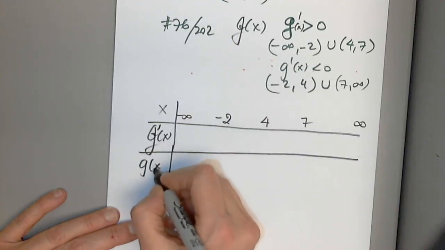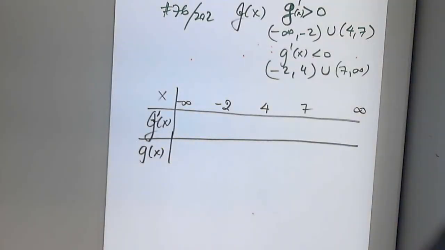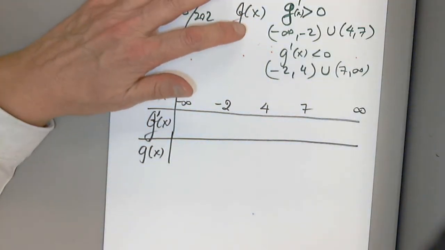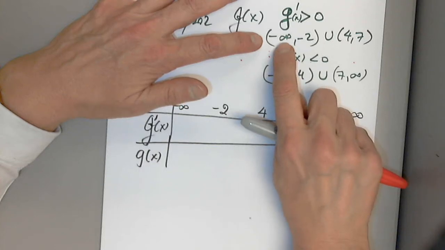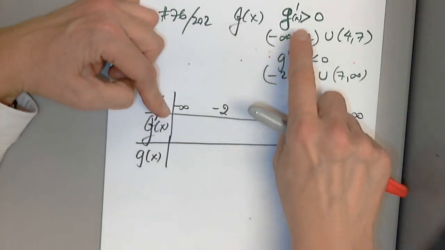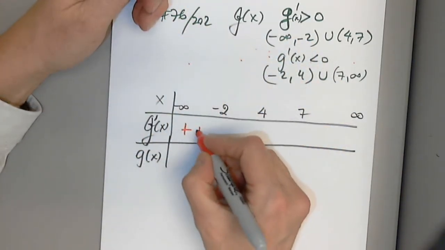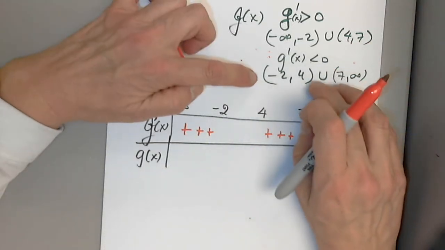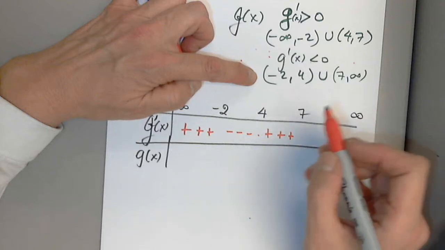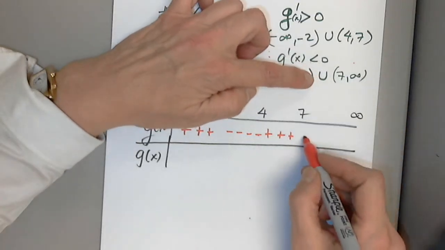And of course, like always, the second row is g. And I summarize the information I have in my table. Between negative infinity and negative 2, it says it's positive. Between 4 and 7, it's positive. Between negative 2 and 4 is negative. And between 7 and infinity is negative.